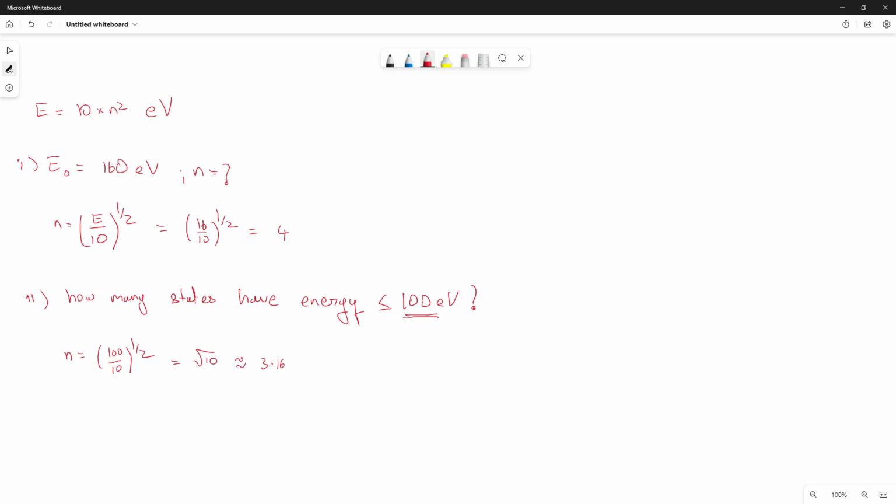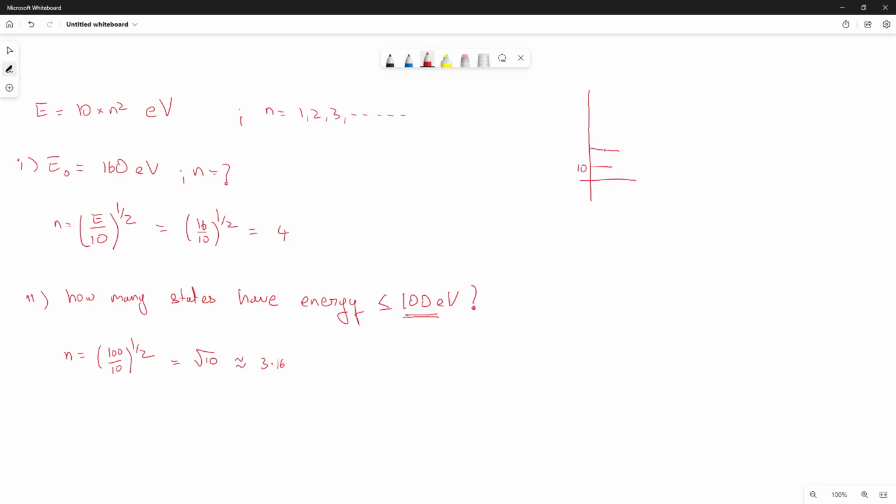So what does this mean? What should be remembered is n is equal to 1, 2, 3, and so on. That implies the energy levels, if we are drawing it as a graph, are what? Are 10 eV.